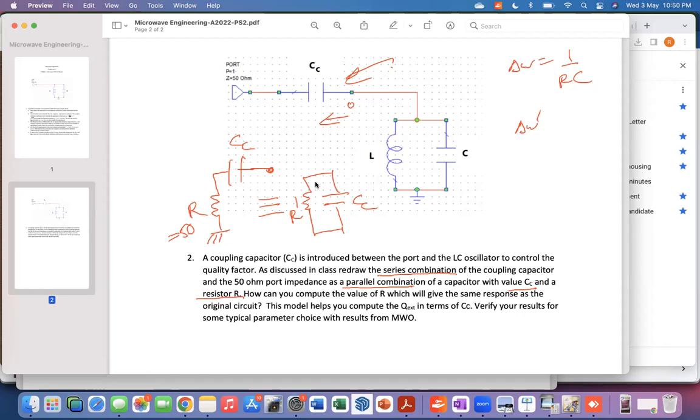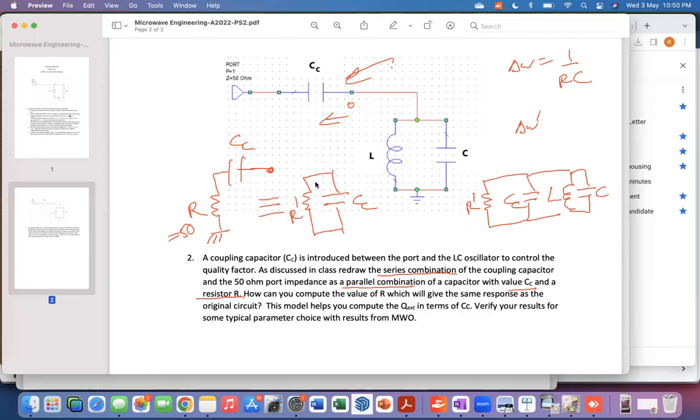So if I make this model, what is the reason for making this model? Because in this model, the new circuit combining everything becomes L, C, CC, and R prime. I know how to calculate the delta omega of this, because this circuit is just a simple LCR circuit.